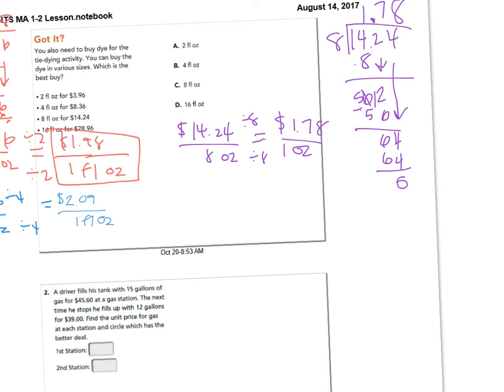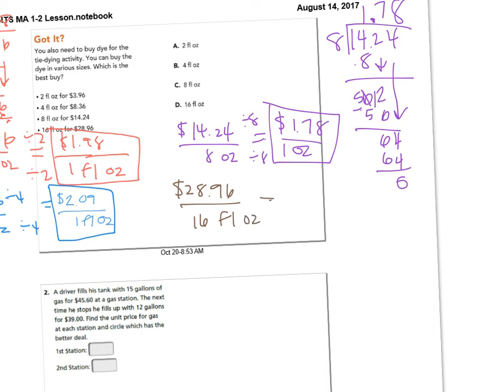Lastly, we have to do one more. I'm just going to outline all my answers and box them out so that I can see where my answers are, since there's a lot of work shown on this page. Alright, so the last one is $28.96 for 16 fluid ounces. I need it to be 1 fluid ounce, so I need to divide by 16 on top and on bottom.